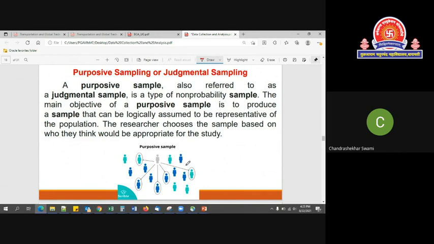The main objective of a purposive sample is to produce a sample that can be logically assumed to be representative of the population. Suppose I want to make a cricket team to represent our TC college, and that team is playing at university level.